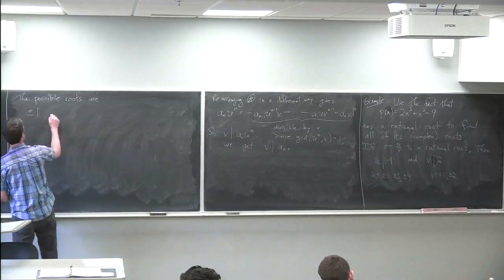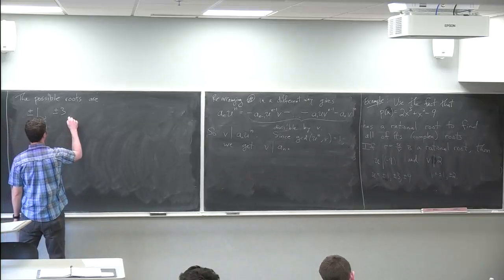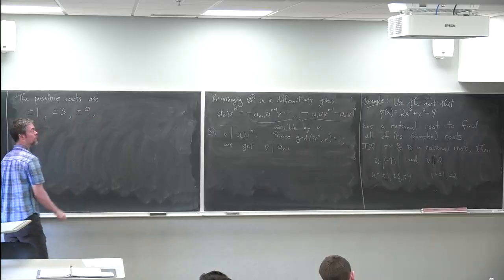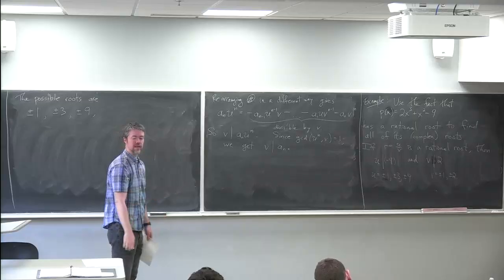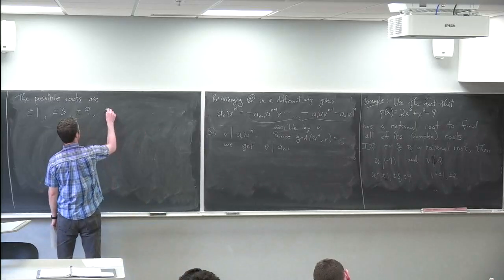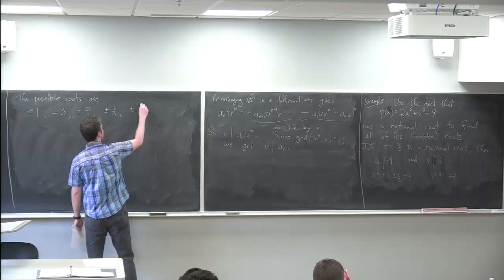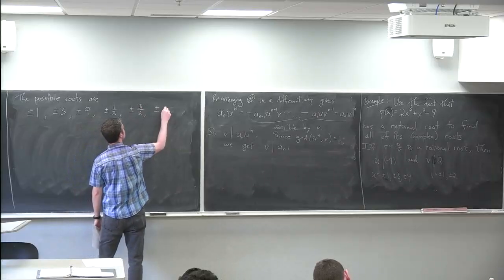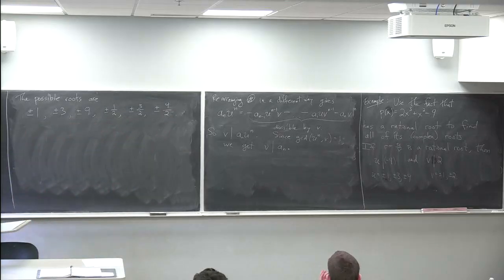Or plus or minus 3 over plus or minus 1. Or plus or minus 9 over plus or minus 1. But you can also have any of those U's divided by plus or minus 2. So you could also have plus or minus 1/2, plus or minus 3 halves, and plus or minus 9 halves. That's 12 numbers, which is a very finite amount of work.